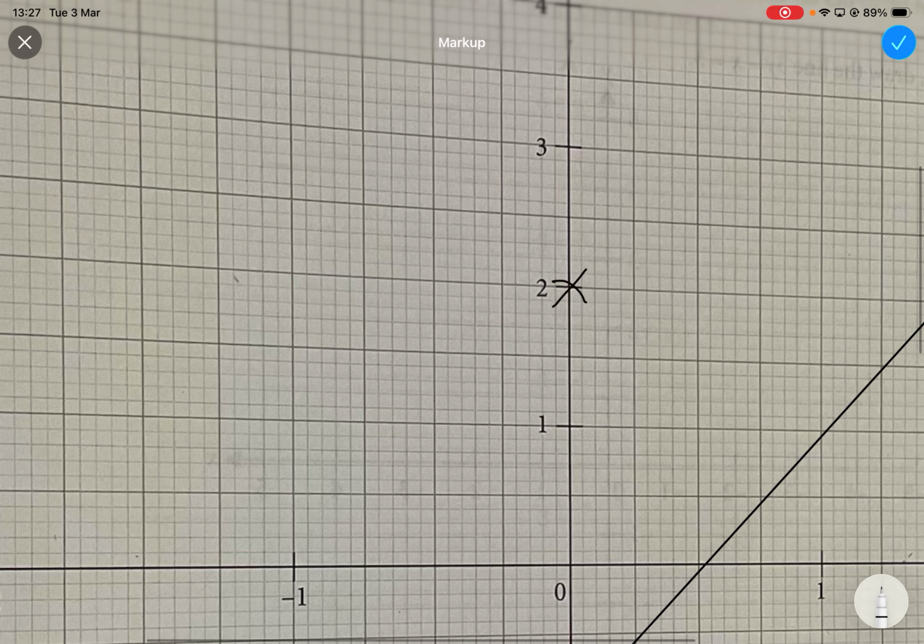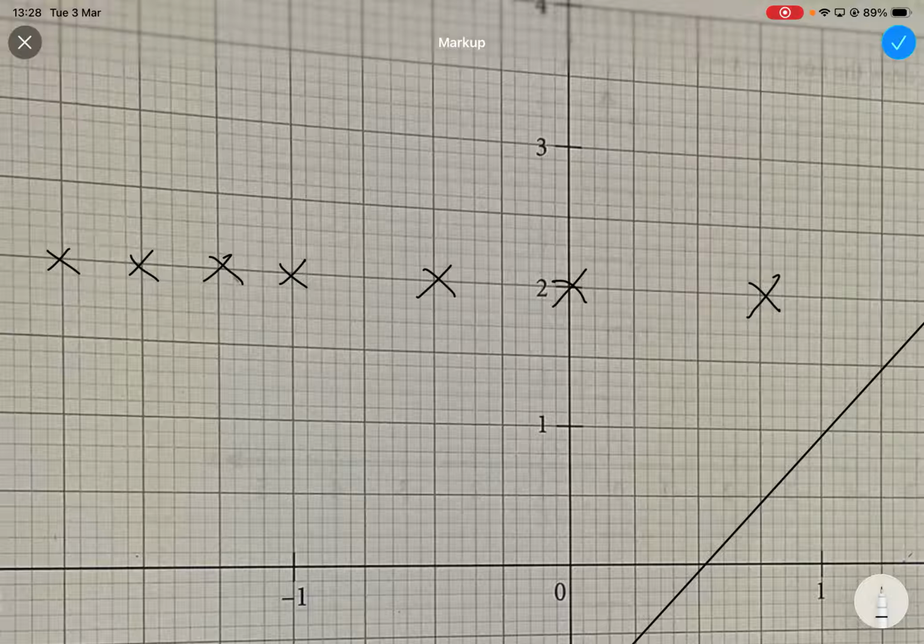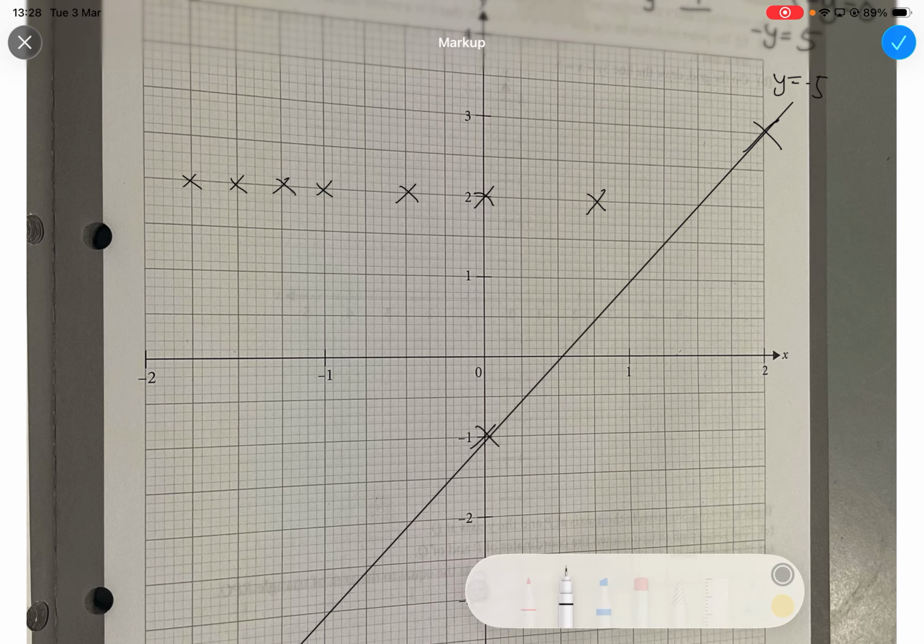Then, with the same understanding, every point on this line is also the original equation that they give us, y minus 2 equals to 0. So every point on this horizontal line will fulfill or be a solution of this original equation that they give us. Follow so far?